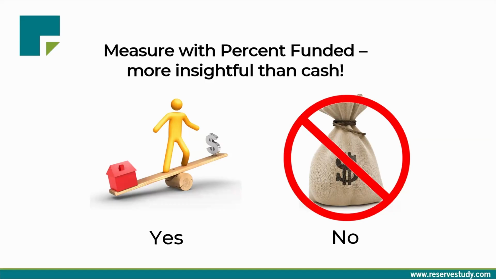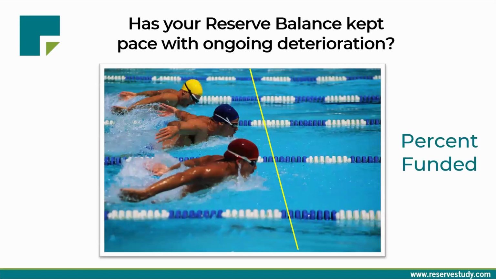Percent funded tells us how well the reserve fund meets the needs of the association. Remember that the cost of deterioration is ongoing. Percent funded answers the question if you have enough reserves in the bank to do what you need to do, which happens when the amount you've been funding over the years keeps up with the ongoing deterioration at the association.